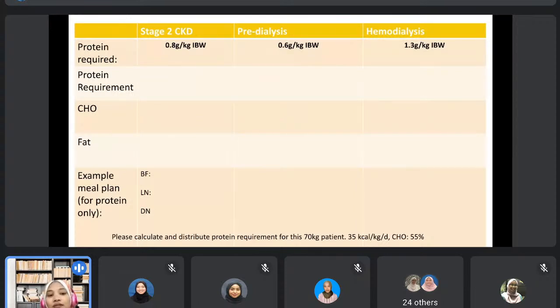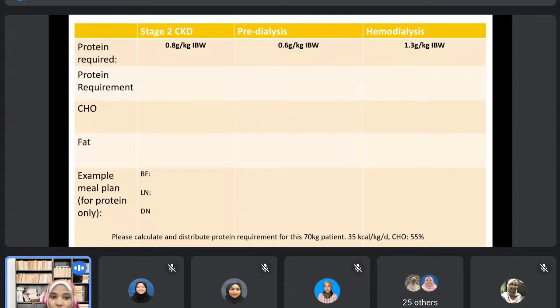Biasanya 0.8 dan ke bawah tu dah dikira low lah, walaupun 0.8 tu normal. Tapi kadang-kadang this CKD patient dia datang dalam keadaan yang malnourished, dan kita tak boleh nak berikan terlampau tinggi protein sebabnya kidney dia dah malfunction. Alright, so kita bagi dia 0.8, but you need to ensure that they achieve 50% HBV.